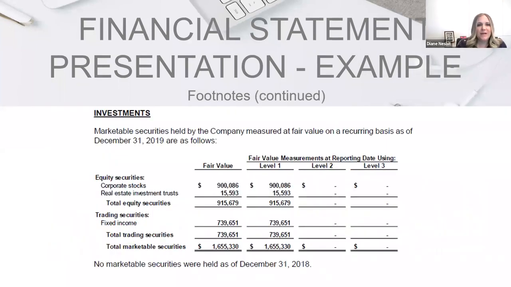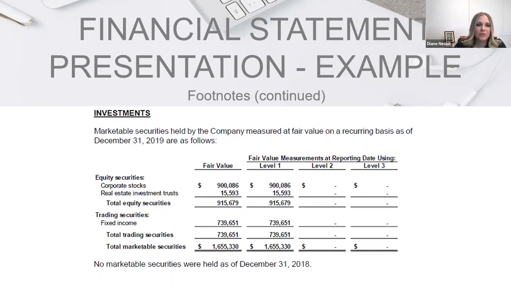Next slide. Okay, here on our fair value leveling footnote, you can see these are marketable securities measured at fair value on a recurring basis. And you can see here this is where the presentation requirement of breaking it out between both your equity securities and your trading securities, and then also within those individual categories, the actual type of security that's held.